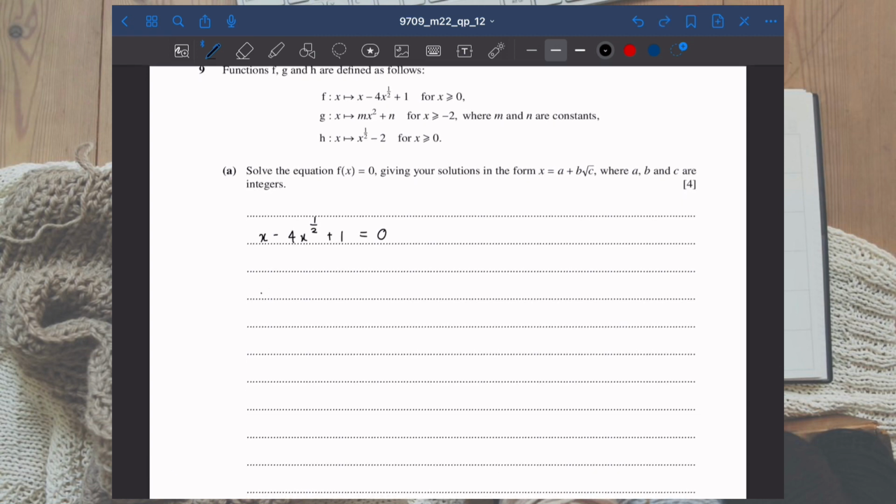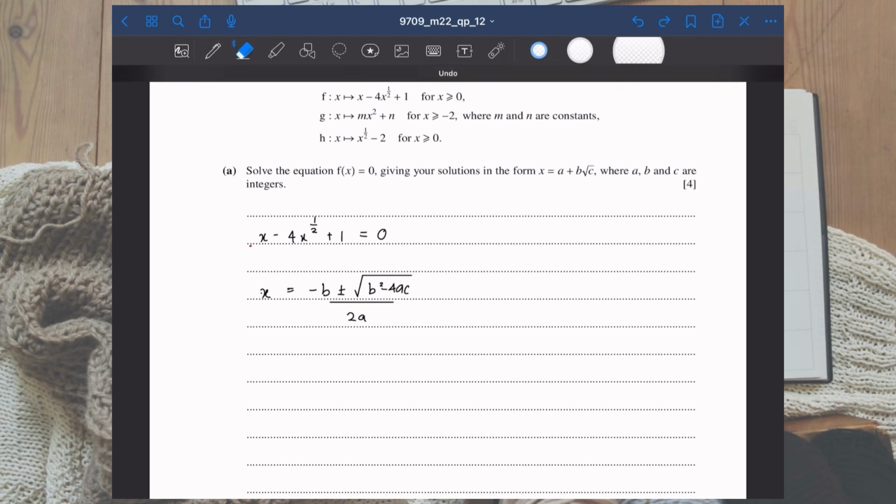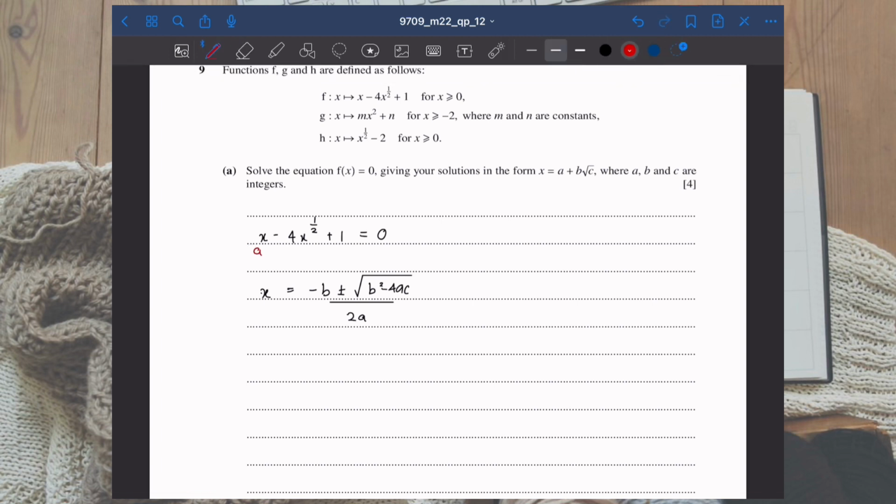So our quadratic formula is x equals negative b plus minus square root of b squared minus 4ac, over 2a. So in this equation, our a value is 1, our b value is negative 4, and our c value is 1.